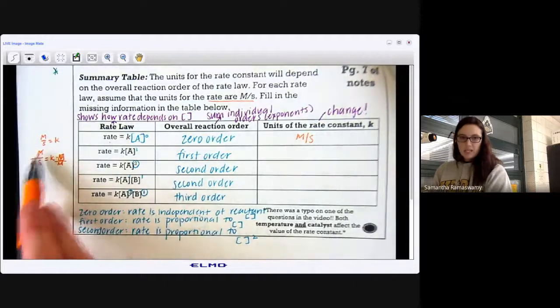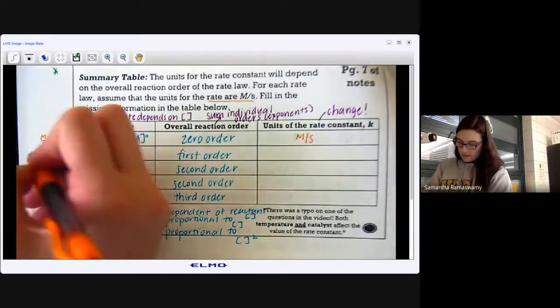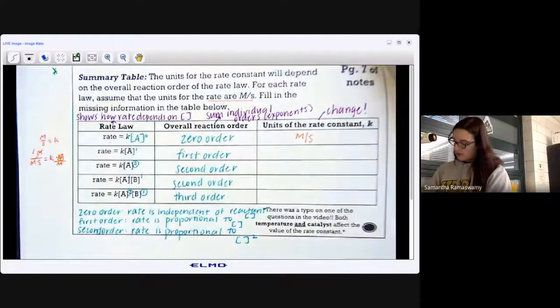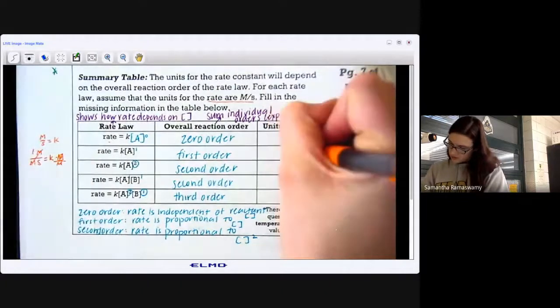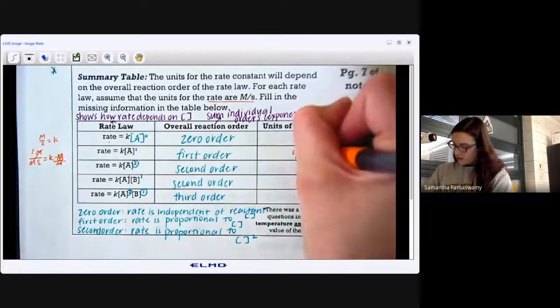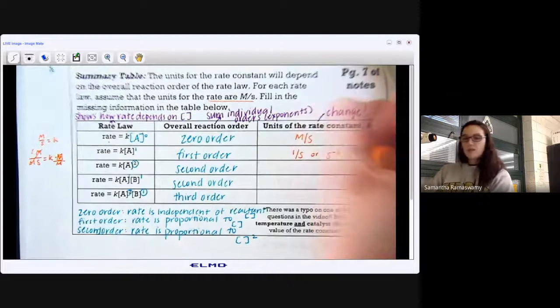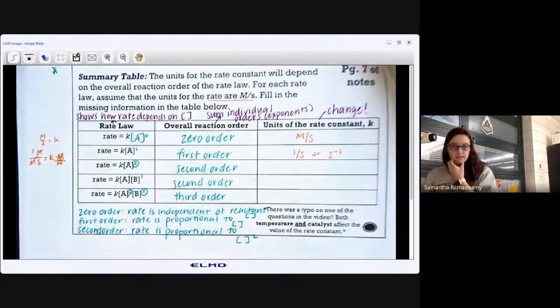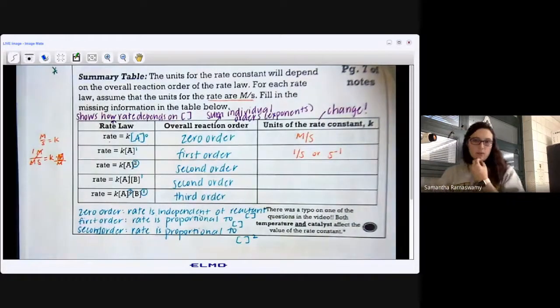If you have two numbers cancel and you have something on the bottom, that would be like 1 over. So if it's first order overall, the units for your rate constant is 1 over seconds, or you might see it represented as s to the minus 1. We would call that a per second.